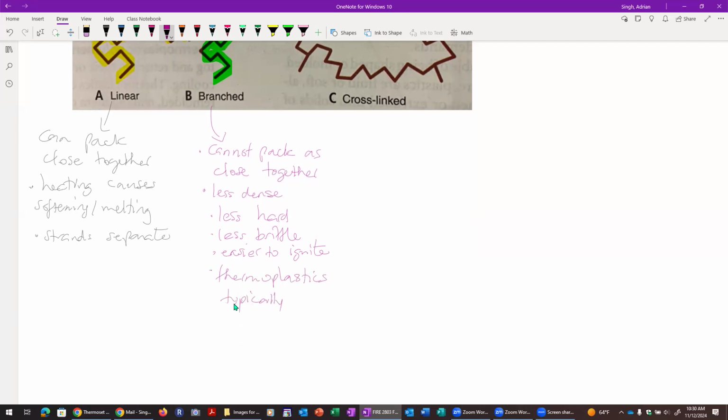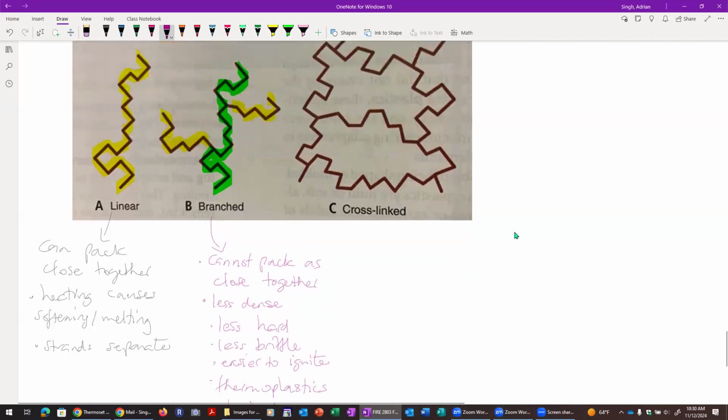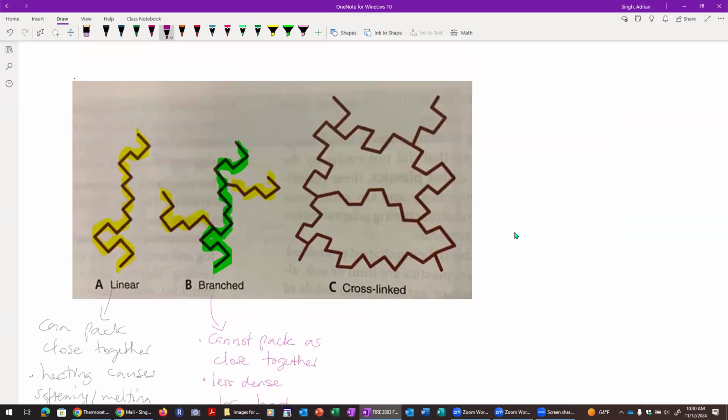The cross-linked polymers on the other side, we mentioned you have a couple or several different strands. For example, this one here in green is one backbone. We have another backbone over on this side. And these are connected to each other via these links.